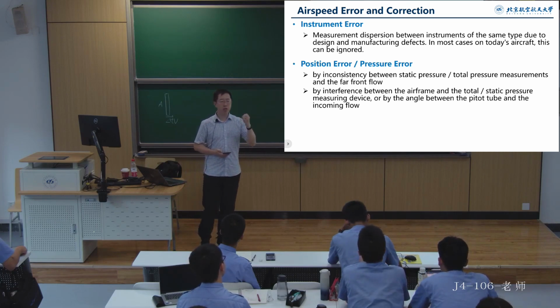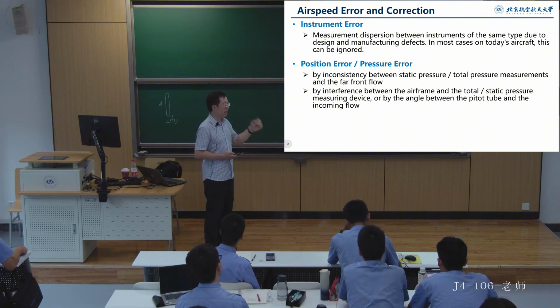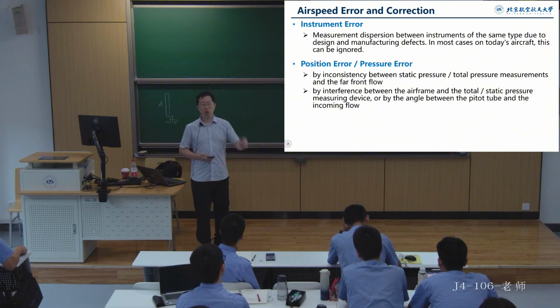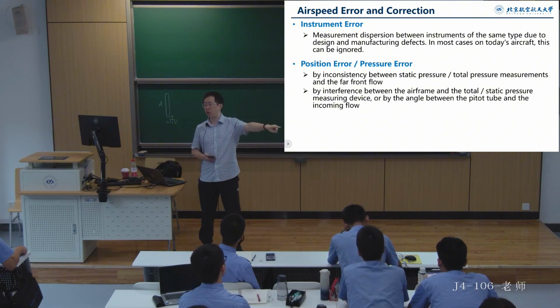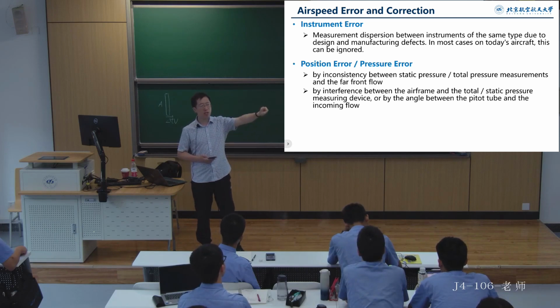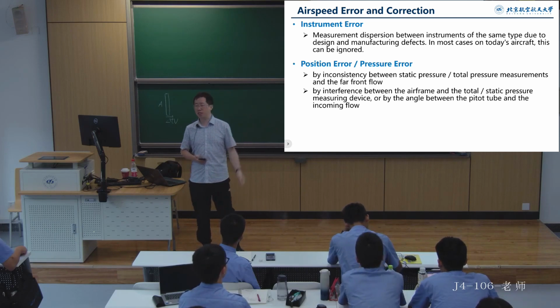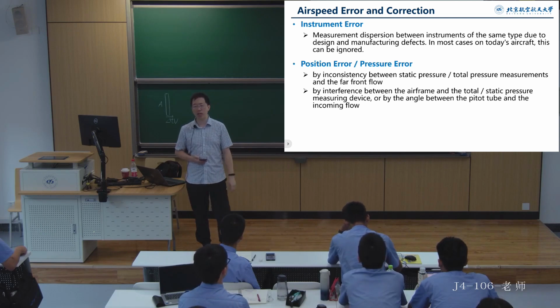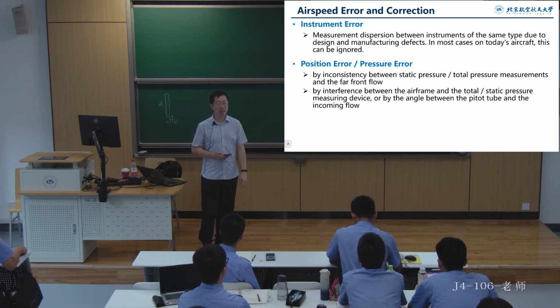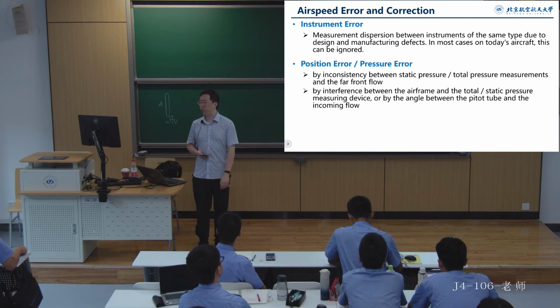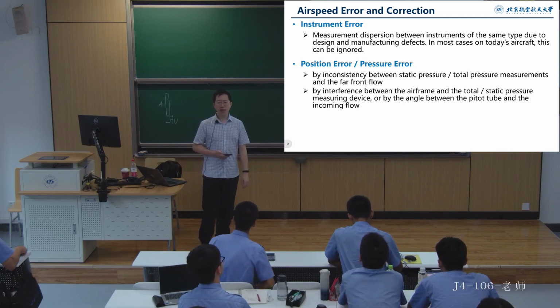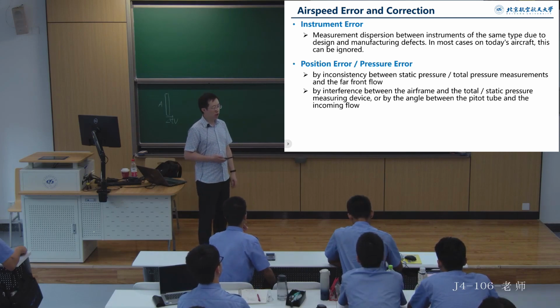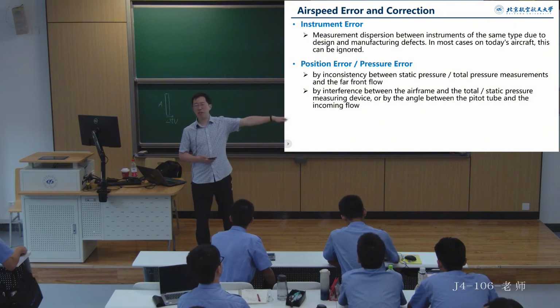Earlier, we mentioned that to measure static pressure and total pressure, we need to extend a pitot tube forward, right? Then we obtain the total pressure at the tip and the static pressure on the side. This is an ideal situation, but in reality, our aircraft could be maneuvering, right? During maneuvers, ideally, the pitot tube should be pointing straight ahead, correct?